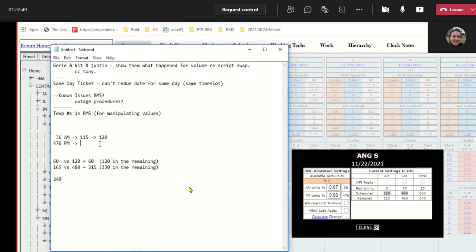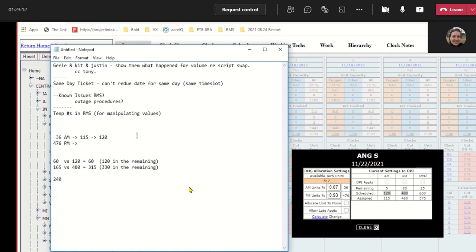But RMS, first, basically, the min units is 115. Okay. And then RMS calculates that, that's less than the minimum appointment slot, which is 4 times, because of how the hours break up, right?